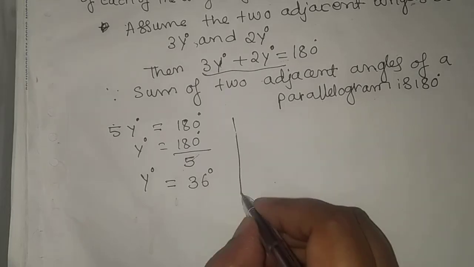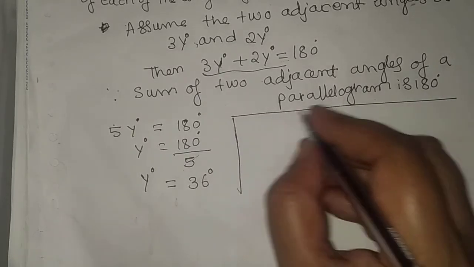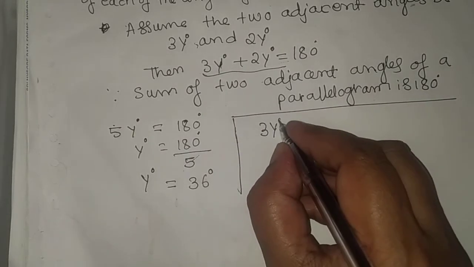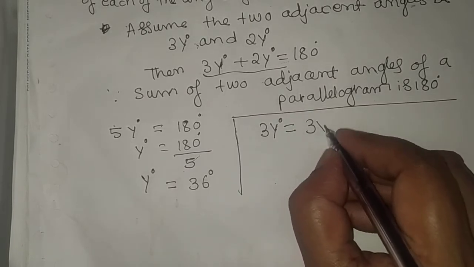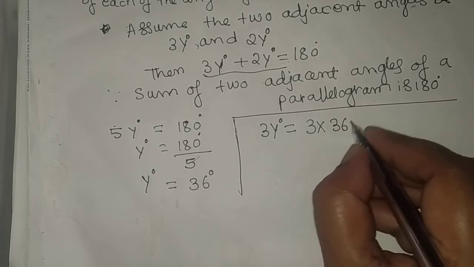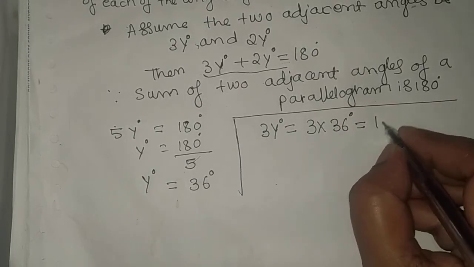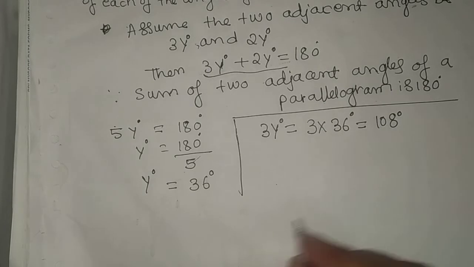Next step, take 3y degrees. 3y is equal to 3 into 36 degrees, which is equal to 108 degrees.